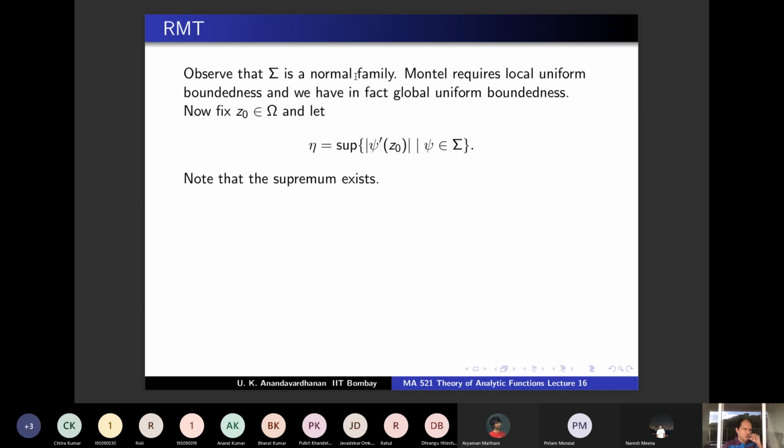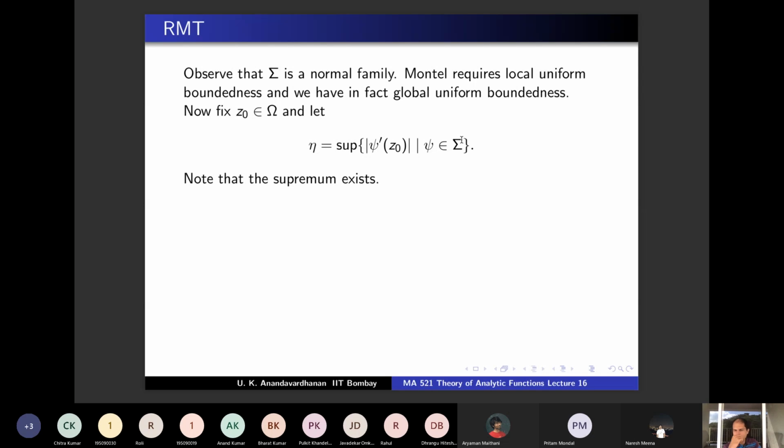This is the correct convergence in the holomorphic category. So the point is sigma being normal is the same as saying the closure of sigma, sigma bar, is compact. So if you take psi from sigma, it's contained in a compact set.